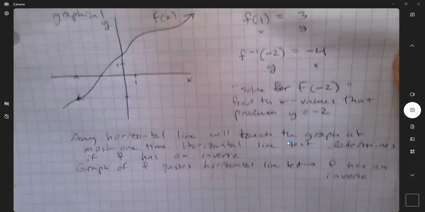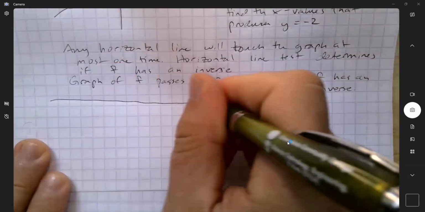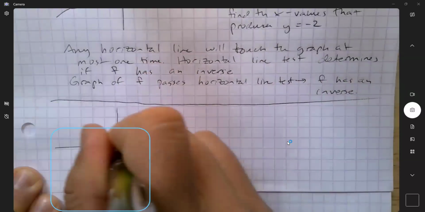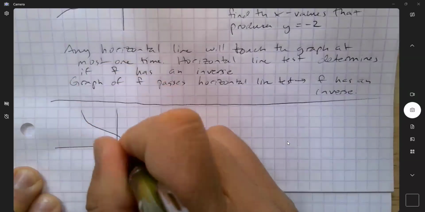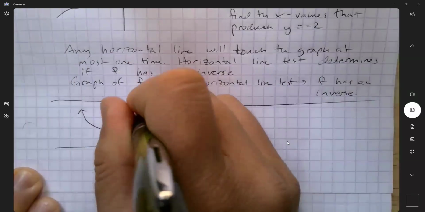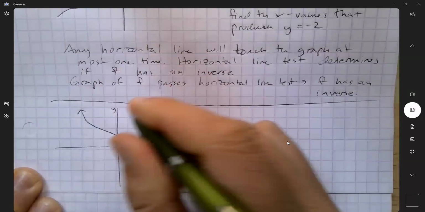So here I'll give you two examples of that. Well, one example where it passes and one where it doesn't. So here's my function f. It takes inputs and gives me outputs, x to y.